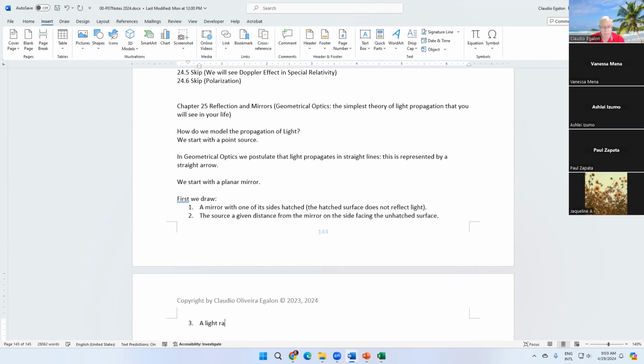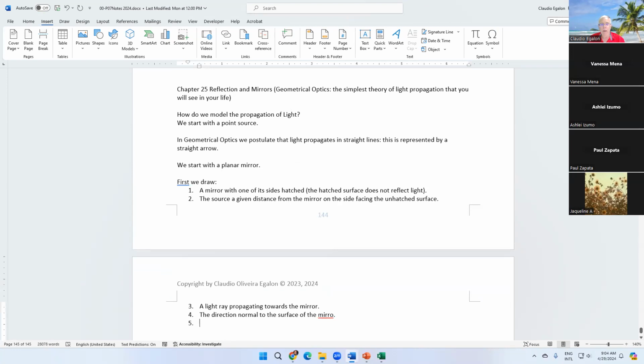A light ray in any direction, propagating towards the mirror. The direction normal to the surface of the mirror. The incoming ray, the light ray propagating towards the mirror, is called the incident ray.